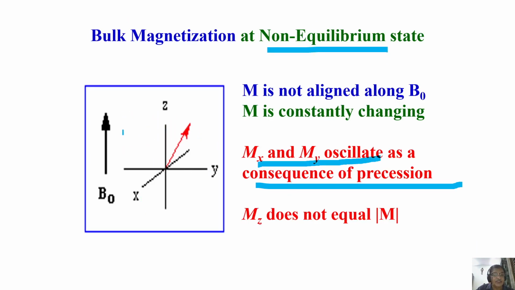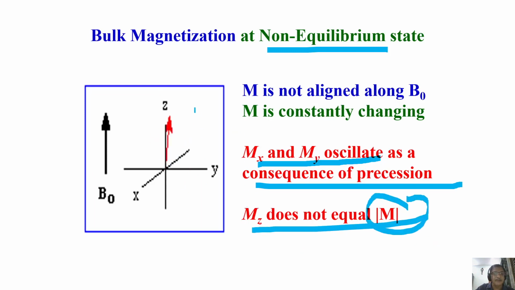Because of the constant rotation of the bulk magnetization, Mx and My also oscillate. And Mz is no more aligned along z, and it is not equilibrium magnetization because Mz has a different component now. Mz is not equal to M0. They are different now. So you understood the trick. We understood what a bulk magnetization is.